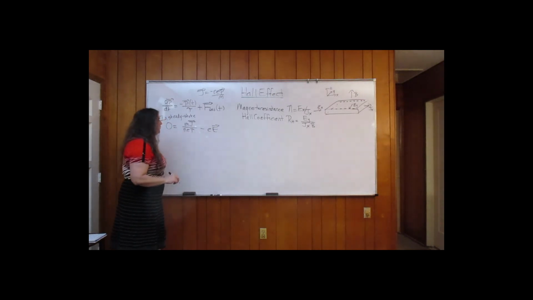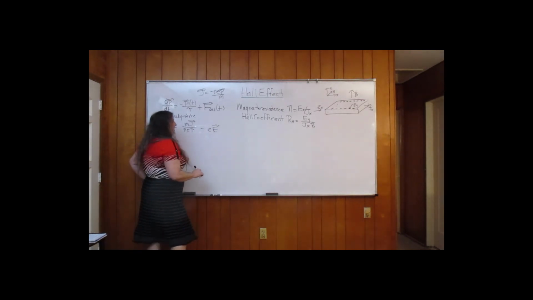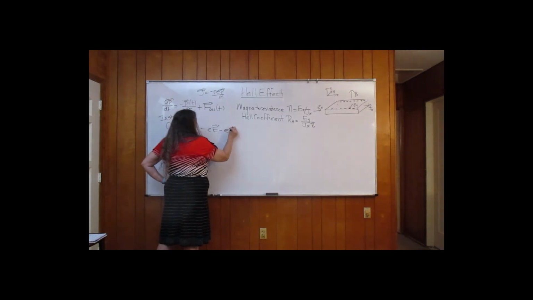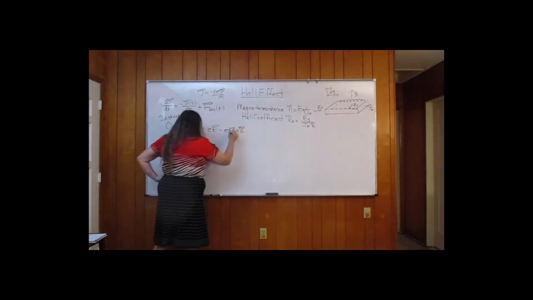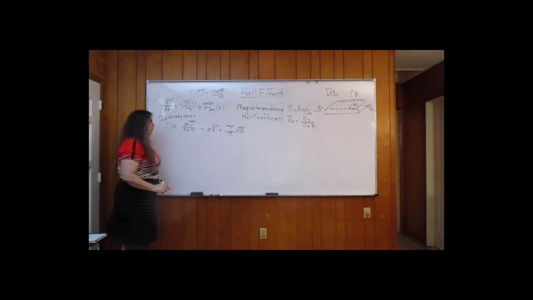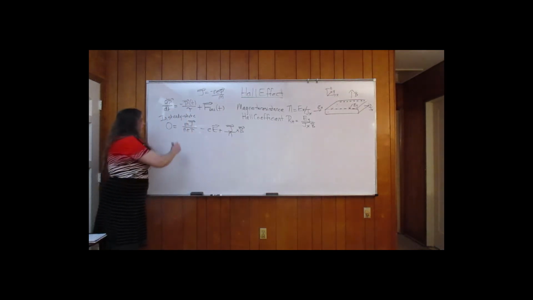Basically just the Lorentz force, so this is minus the electron charge times the electric field minus e v cross B, but again, we want to have this in terms of J cross B over n.